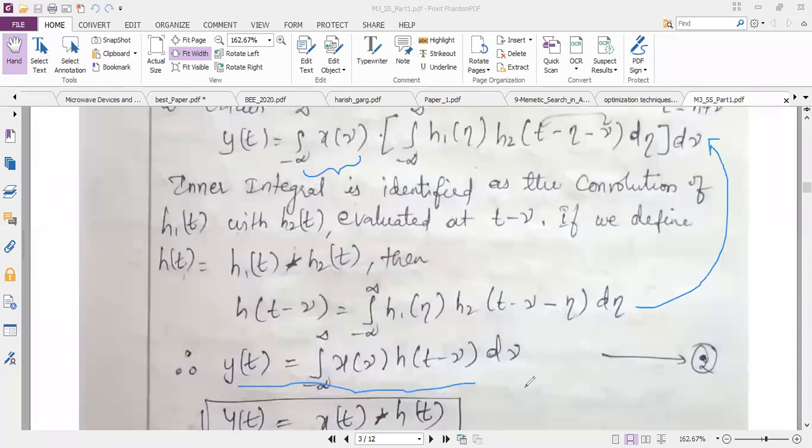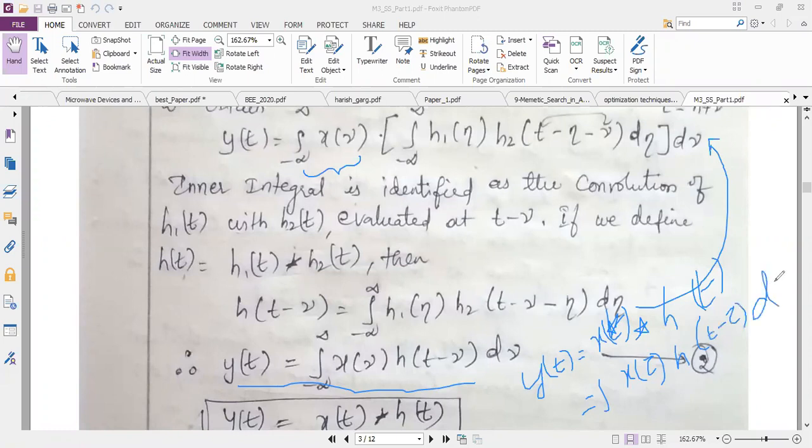So now again, with respect to the similar analogy, y of t is equal to x of t convolution with h of t. The same analogy comparison I'm going to do. If it is like this, my integration is x of tau into h of t minus tau d tau.